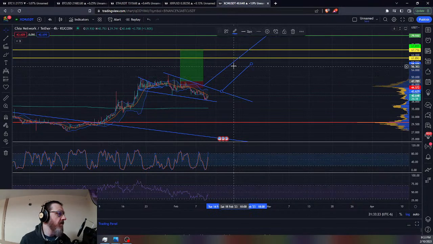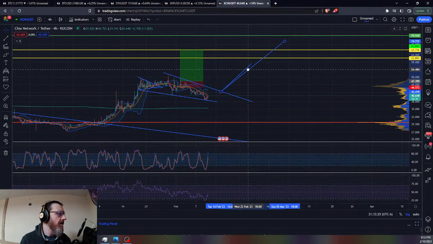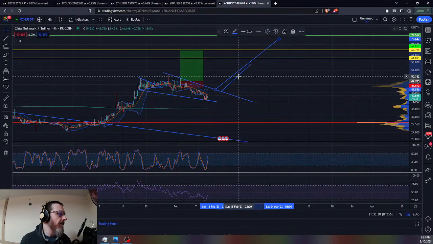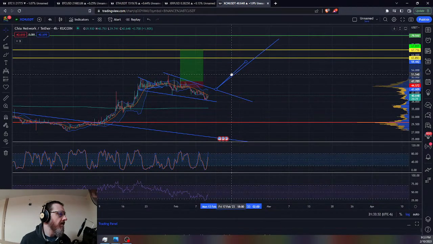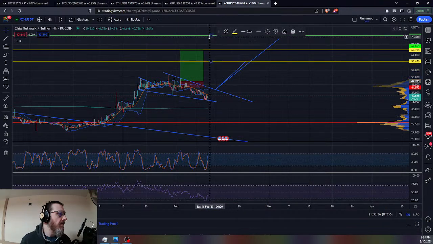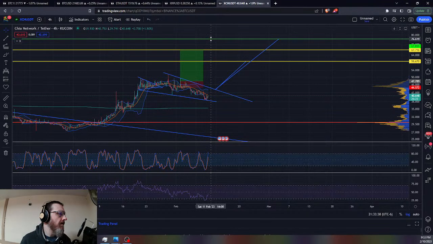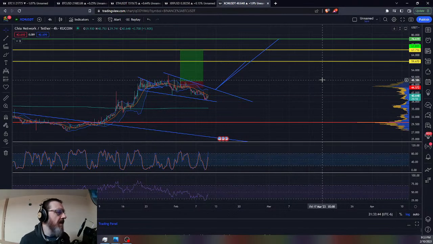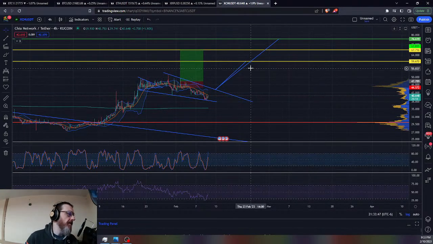I'm just going to move these down slightly because it is going to take a little more time to move out of this pattern. And it becomes a little more symmetrical to me, and it plays a little bit more with psychological price points. So this first target's just below $60.